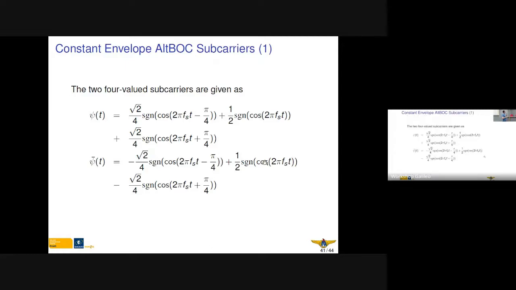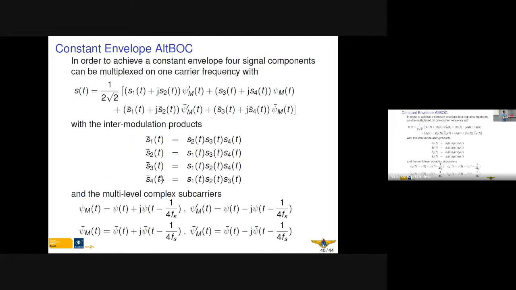Yes, and these are the two basic multi-level subcarriers. It's a little bit confusing: we have superpositions of these basic subcarriers. Here it's a superposition of psi and a shifted version of psi, and for psi m prime, it's psi minus a shifted version of psi.